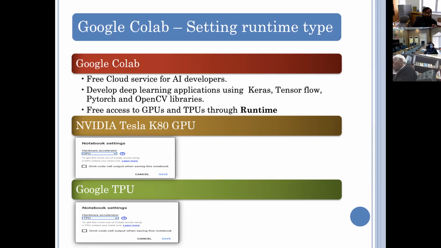The beauty of Google Colab is that it supports 3 things: your normal CPU, your GPU, and it also provides TPUs. TPU stands for Tensor Processing Unit. You can change the underlying processor by using runtime.